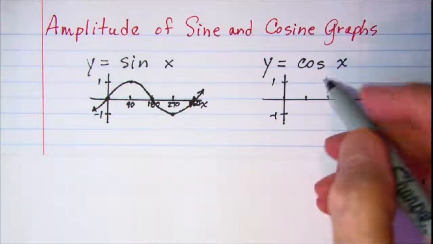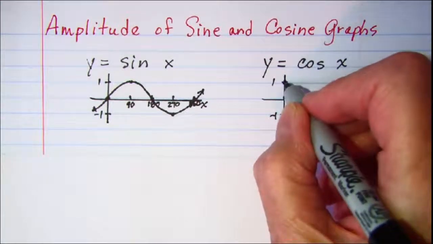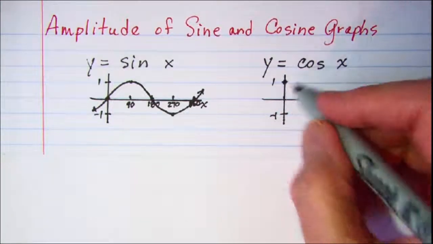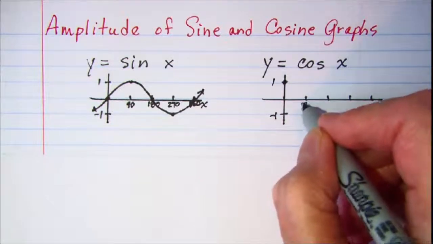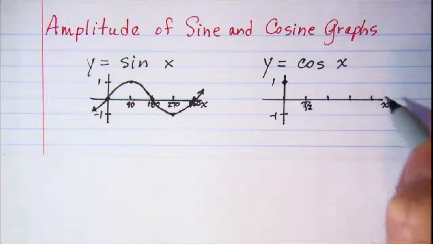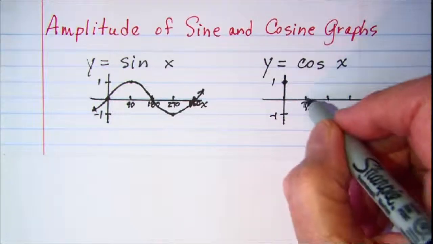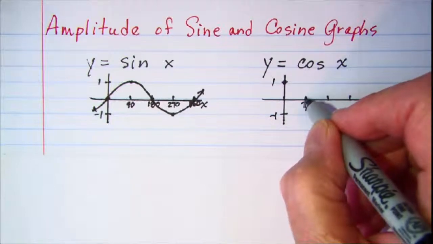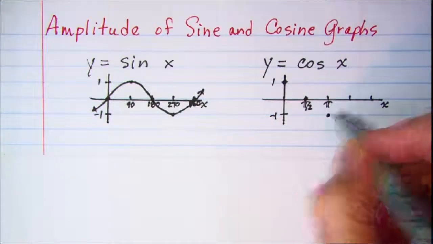Now for cosine, when x is 0, the curve starts at +1. And then when x is 90, I'm going to label this as pi over 2 so that we get used to radians as well. At 90 degrees, or pi over 2, the cosine is 0. And then at pi, the cosine is -1.